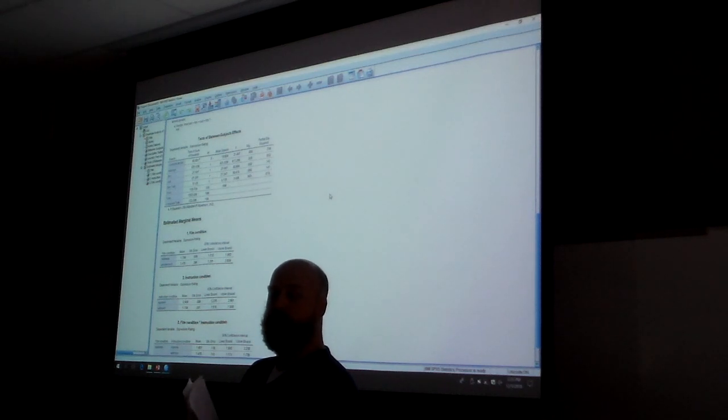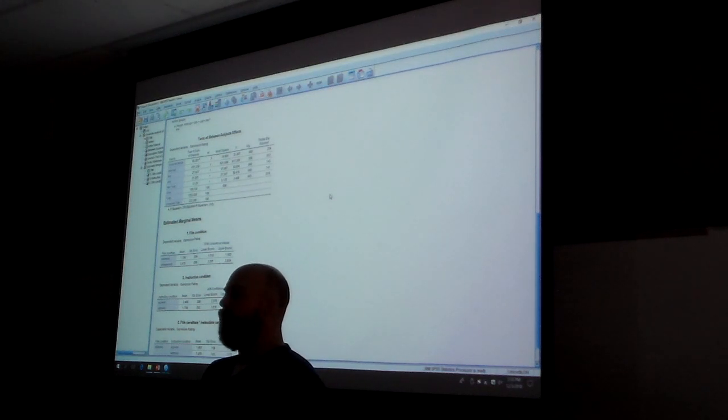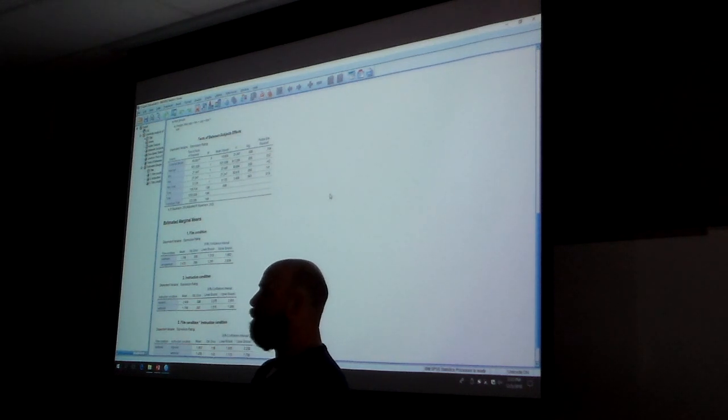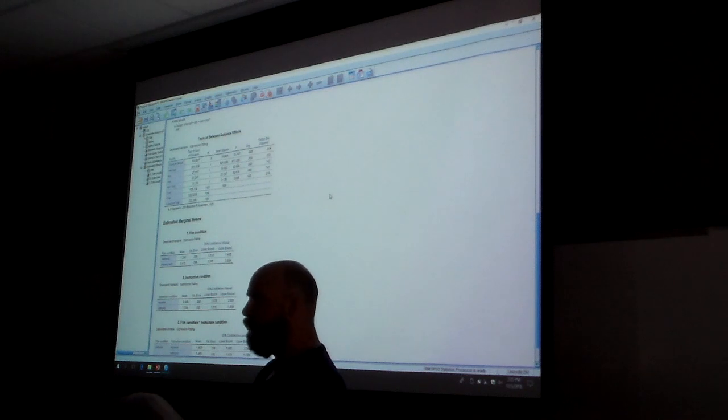I'd probably look at the means. Yeah, I'm just going to look at the means. Which mean is higher, right? I look at which mean is higher, and that tells me what's going on with my main effect. I don't have to do any follow-up tests with this 2 by 2 because I've only got 2 levels of my factor. If I've got a main effect of film, I just take a look at my means, right?